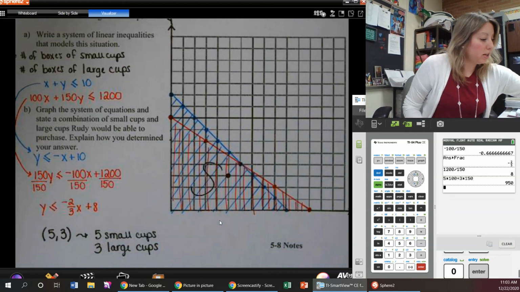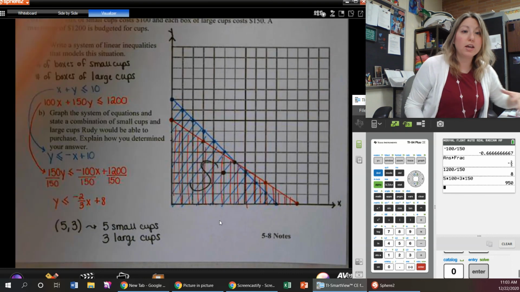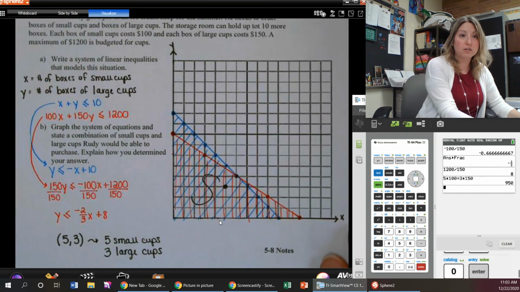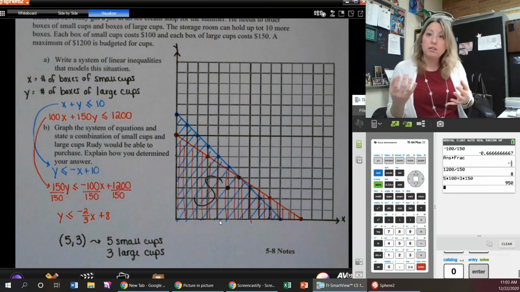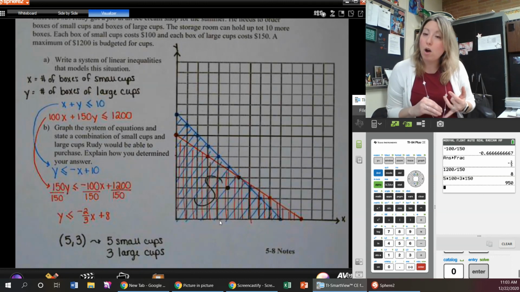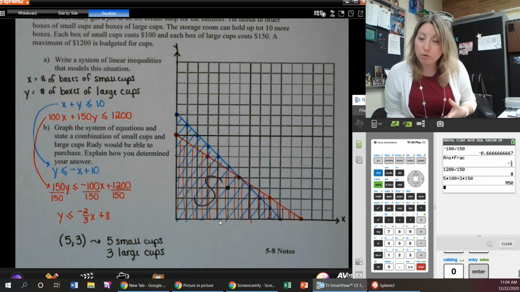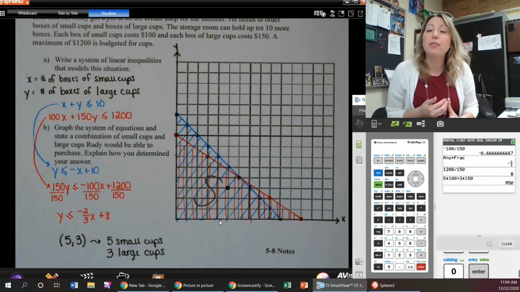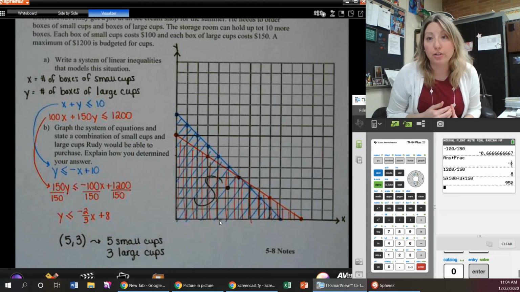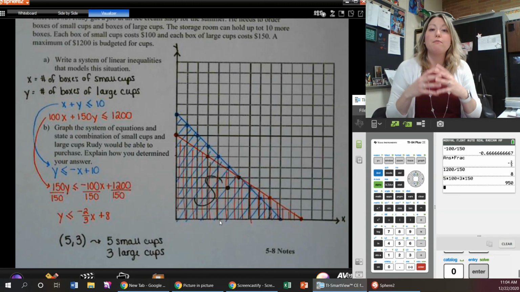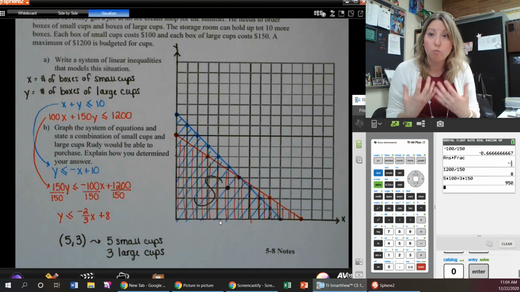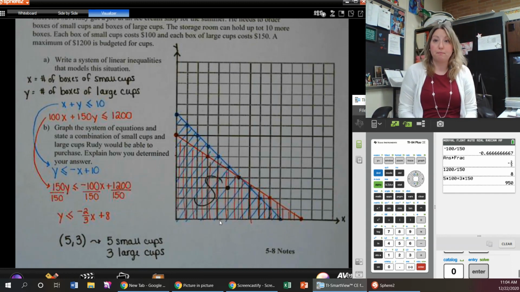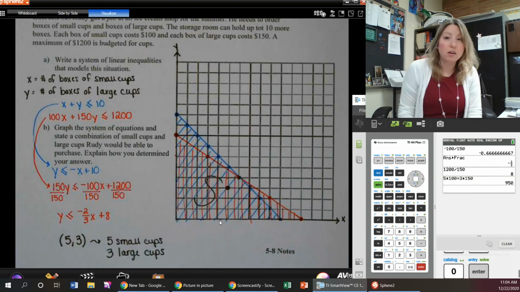Again, if you need to, pause it on this so you can make sure that you understand how I created my variables, how I named my variables, how I created my inequalities, how I then got y equals mx plus b form, how I then graphed each, how I then got my shaded regions, and then how I found my double shaded region. Where's the area that's shaded by both? Okay. All right.